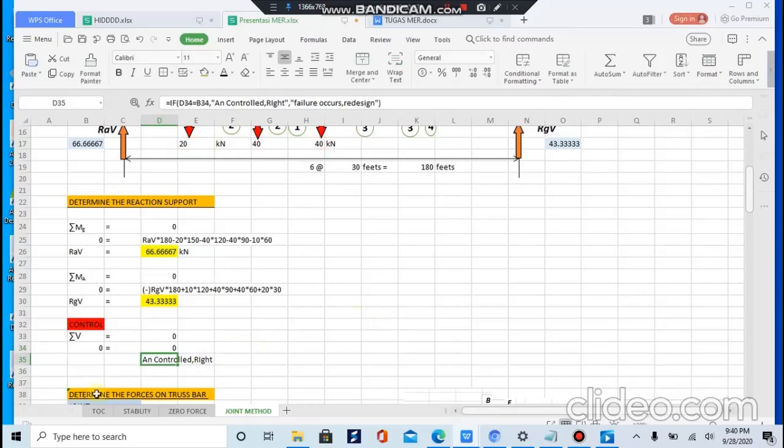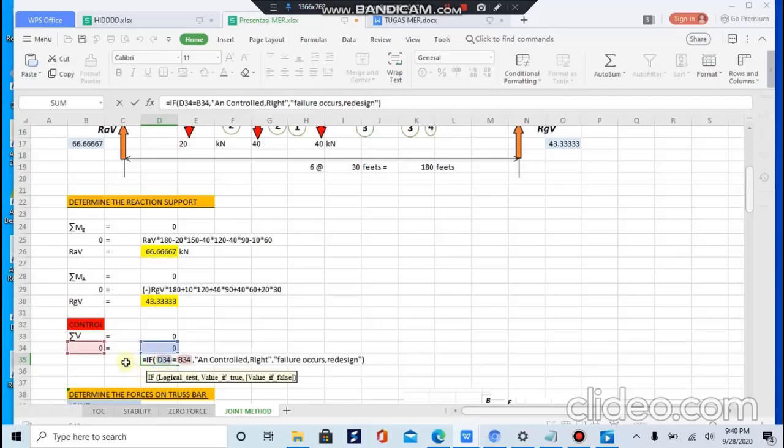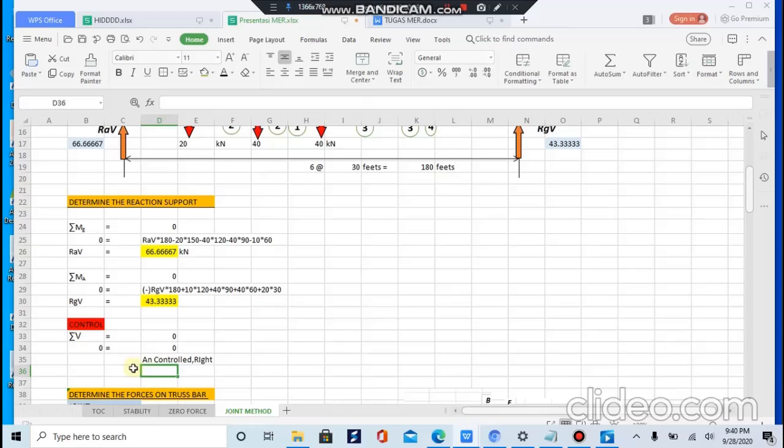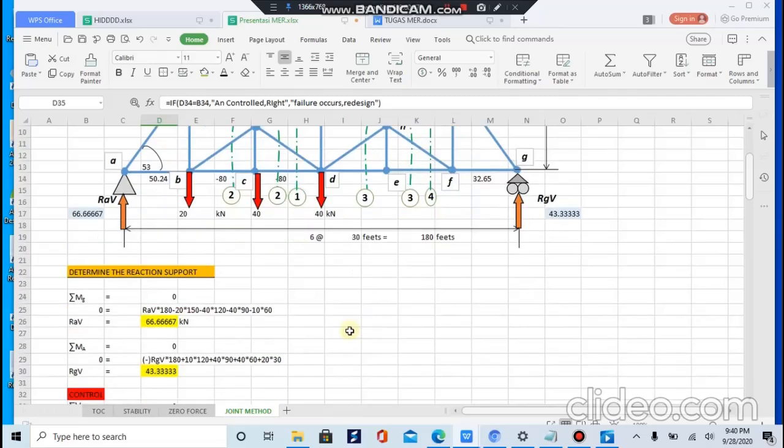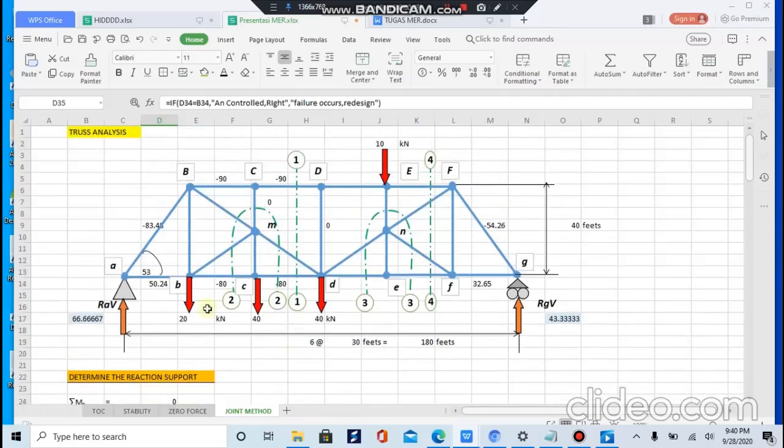If it's 0, the calculation is good and right. But if it's not 0, you should calculate it again, or maybe you can change the data.